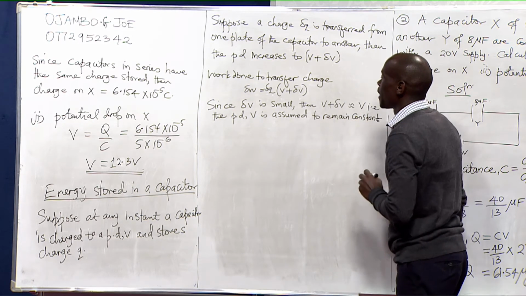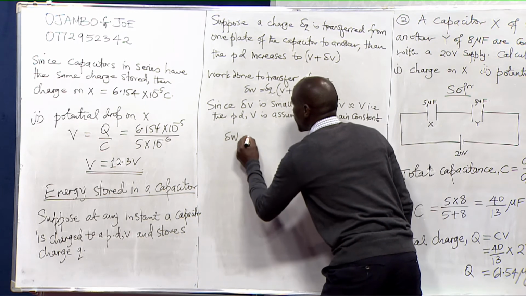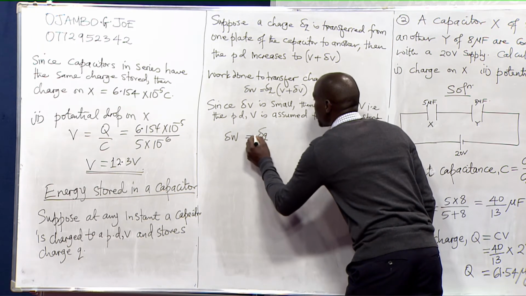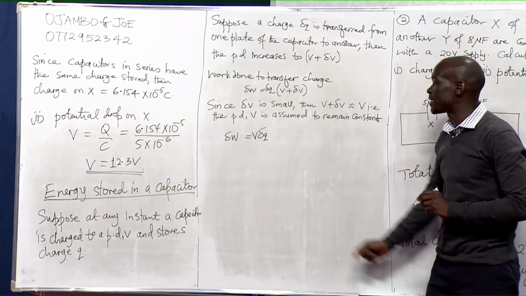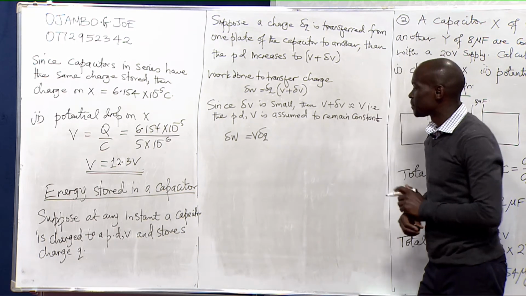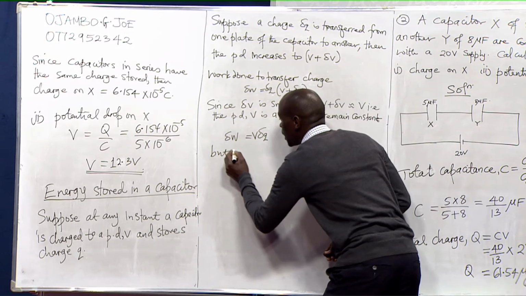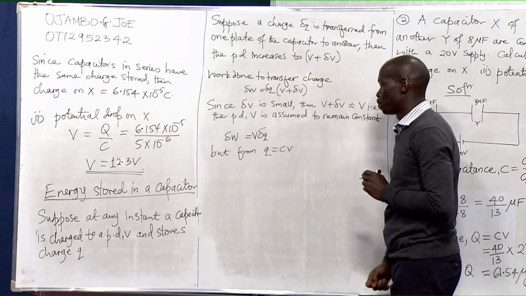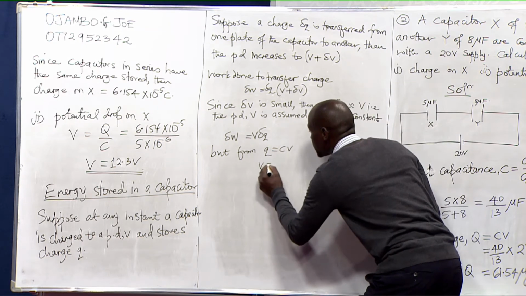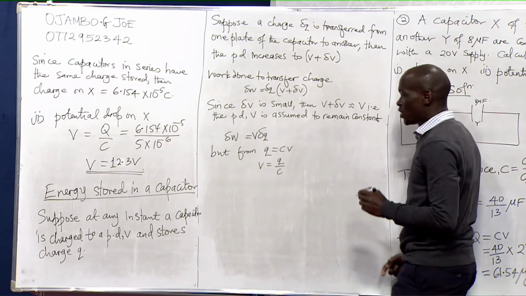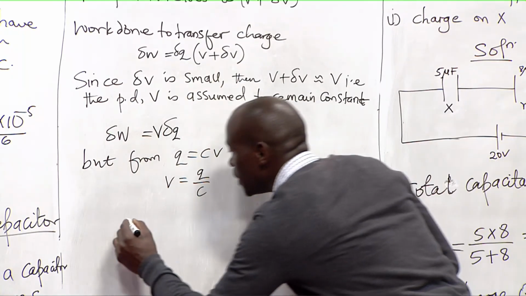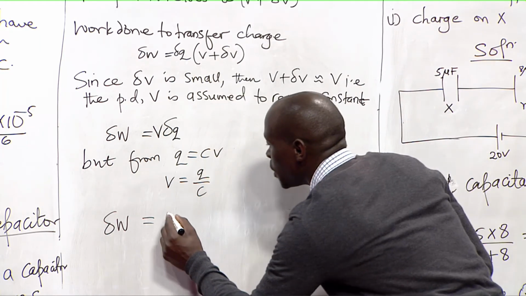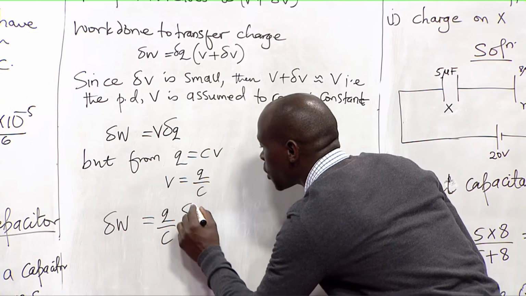So that means our small work done, or our change in work done, will therefore be equal to dq times V, which I can write as V dq. But from our relationship, Q equal to CV, our V is equal to Q over C, which means our expression dW will become, class, when we substitute, Q over C dQ.